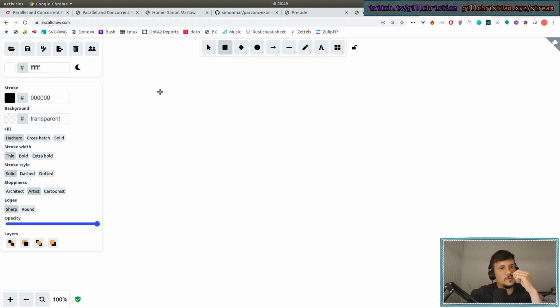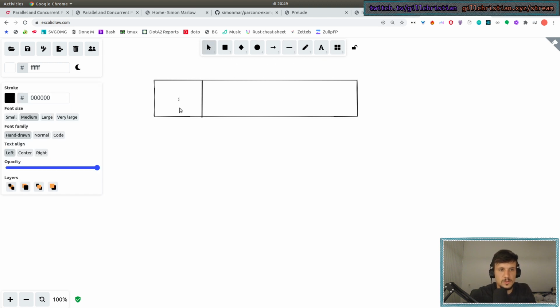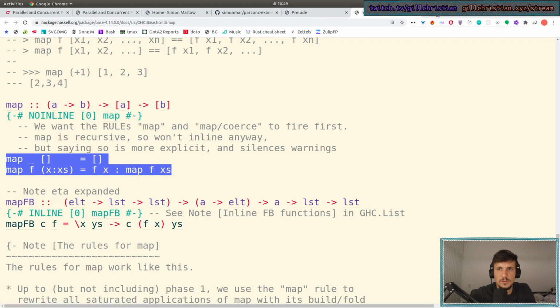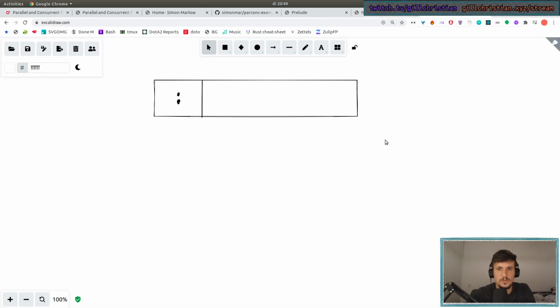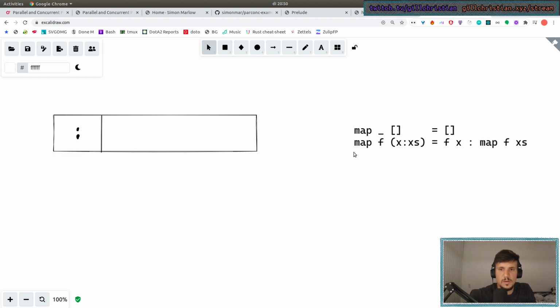So what the author mentions is that basically we have the cons operator, this one. That's the map.